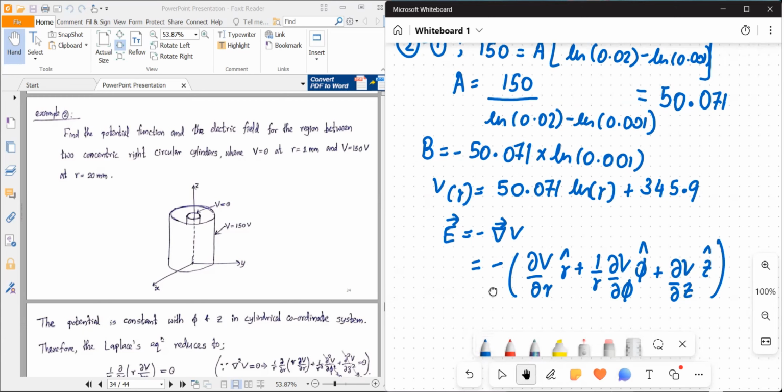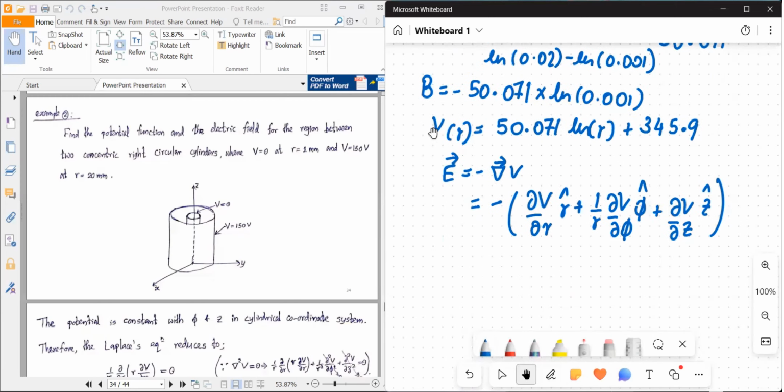In the answer we got for that one, we considered the potential is only varying along the radius, so the potential function is only dependent on R. Therefore, if we do the partial differentiation by psi and by Z, these two terms are going to be 0.